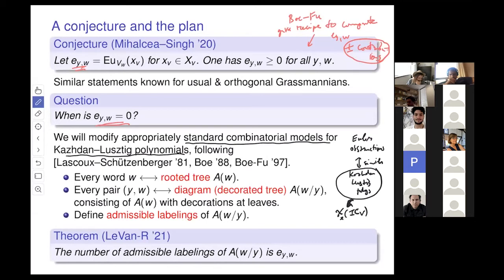And if you believe that Euler obstructions are closely related to these local intersection homology Euler characteristics, and in fact they're the same in the situation where characteristic cycles are irreducible, which is what we were talking about last time, then you should think that there is a parallel between these two.